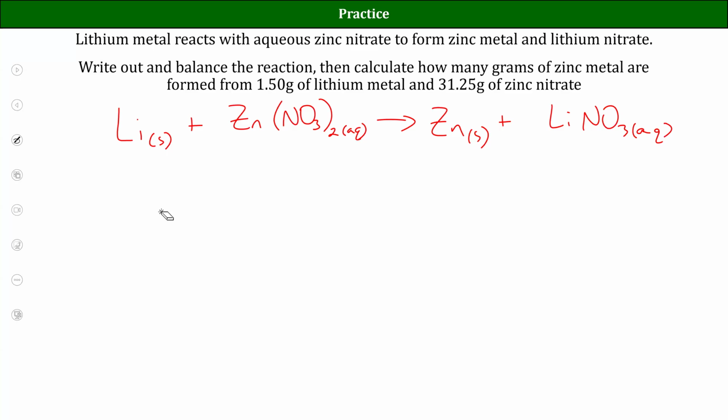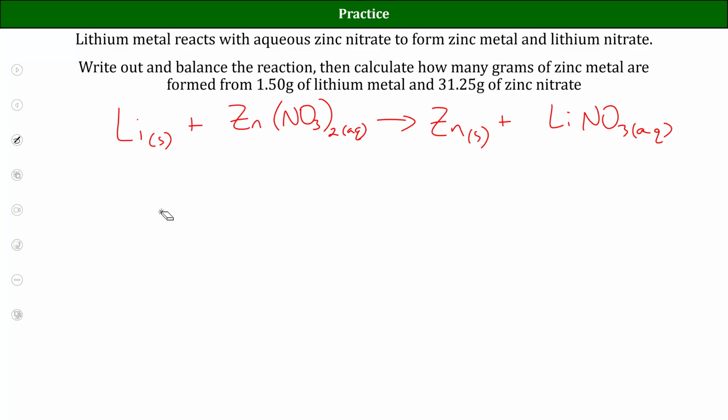On the product side, we still don't have any nitrogen or oxygen except for nitrate. So basically the nitrates aren't changing. If my nitrate is not changing into anything else, we don't have to balance nitrogens and oxygens separately. We can just balance nitrates.